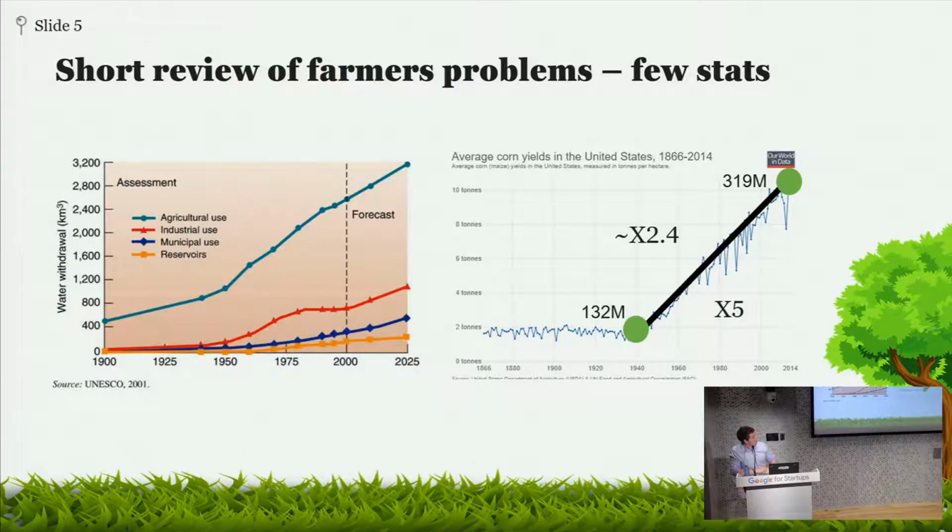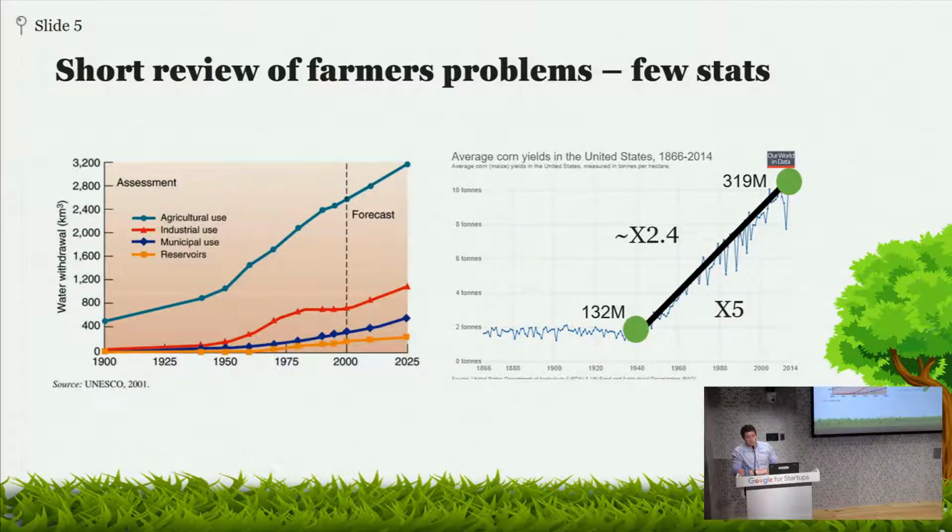And indeed, an interesting fact: when you look at the population of the United States in 1840, it's around 132 million people. Today it's around 320 million people. It has increased by a factor of around 2.3.